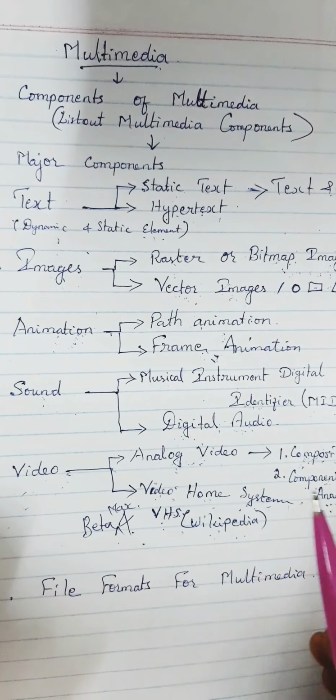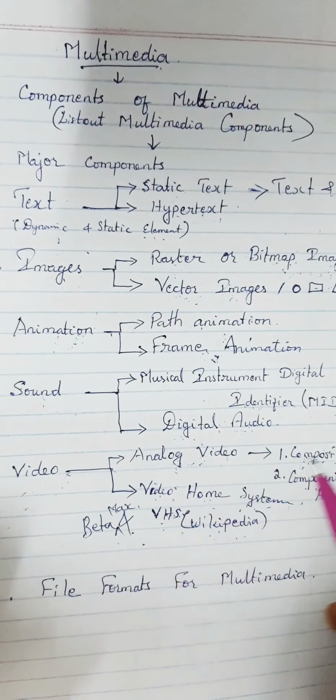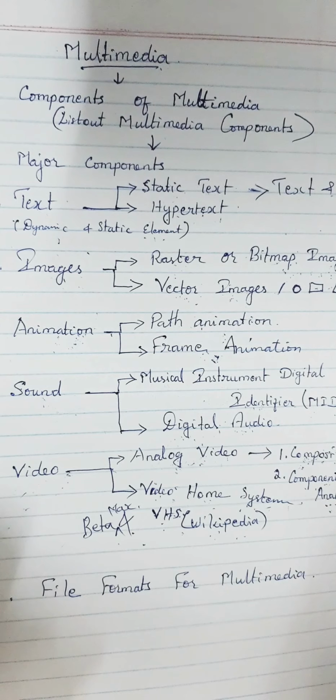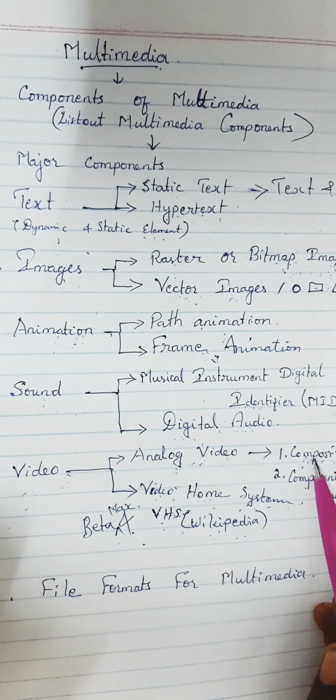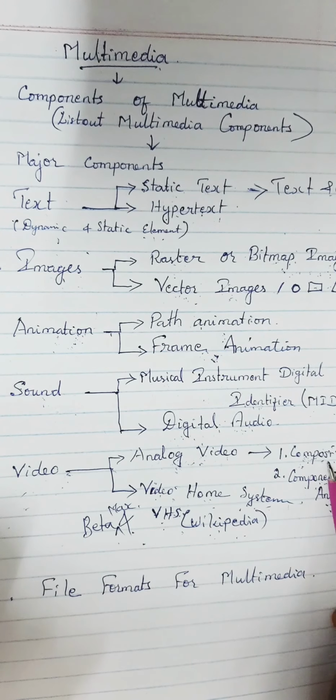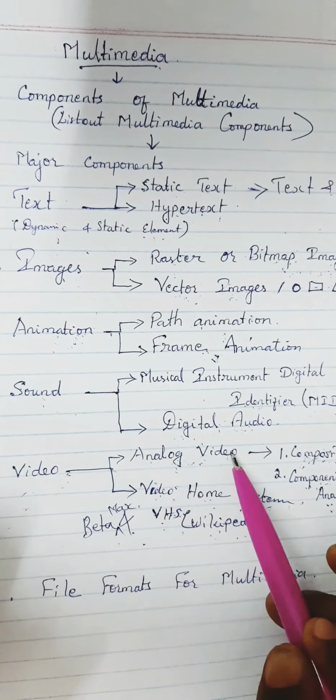Component analog video is only the non-computer media of videotape, laserdisc, film. Composite is video components like brightness, color and synchronization. That all together we are saying is analog video.